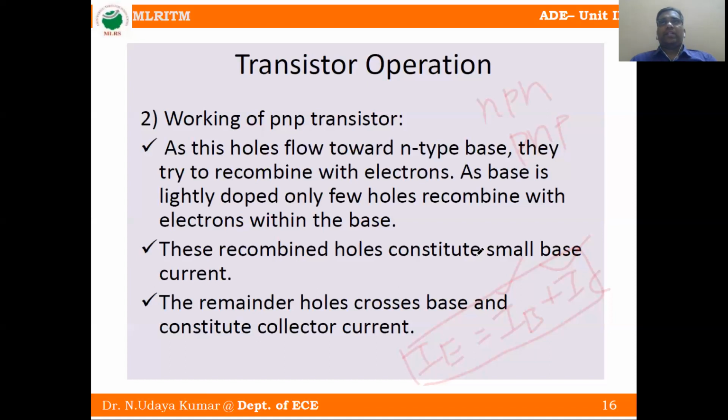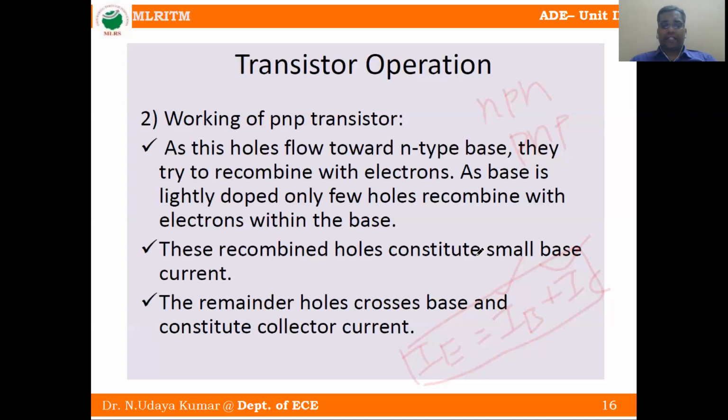Size wise, the collector is large because it collects all the carriers, so power dissipation is more, and for that purpose the area is also more. The emitter is medium in size and the base is very small.